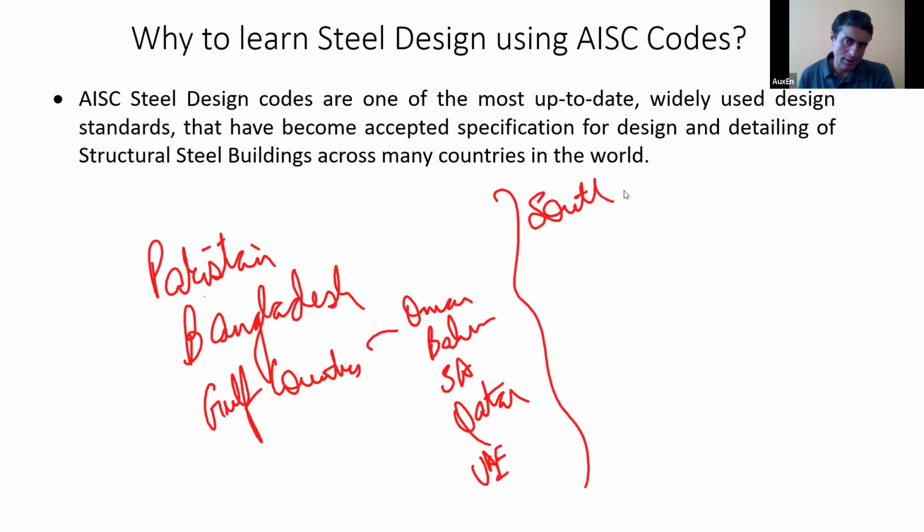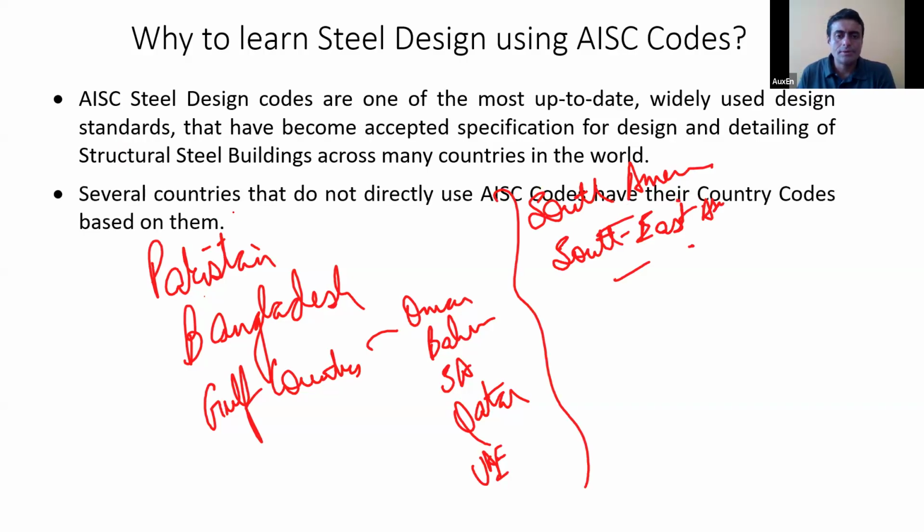Many of the South American countries are using the AISC codes. Then the Southeast Asian countries are using the AISC codes. So many of the countries are using these AISC standards, and if they are not directly using them, what happens is that their country codes are based on them.